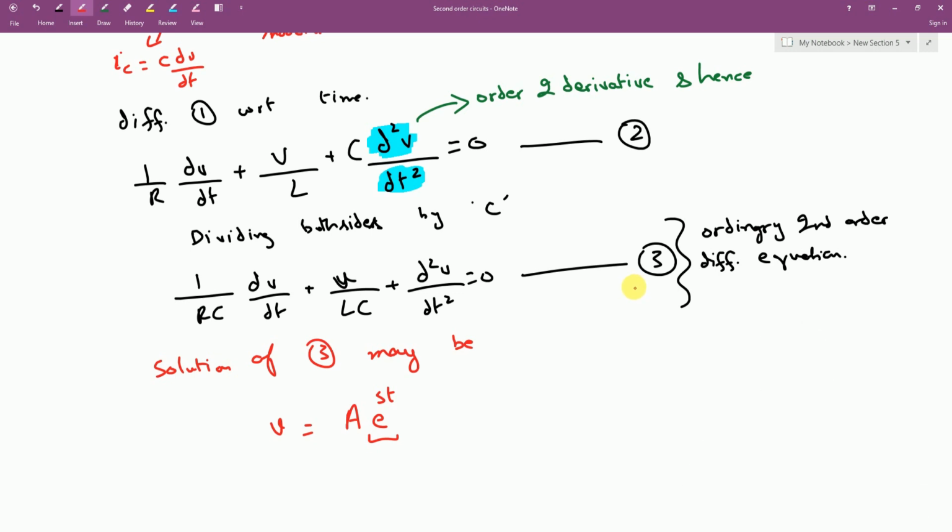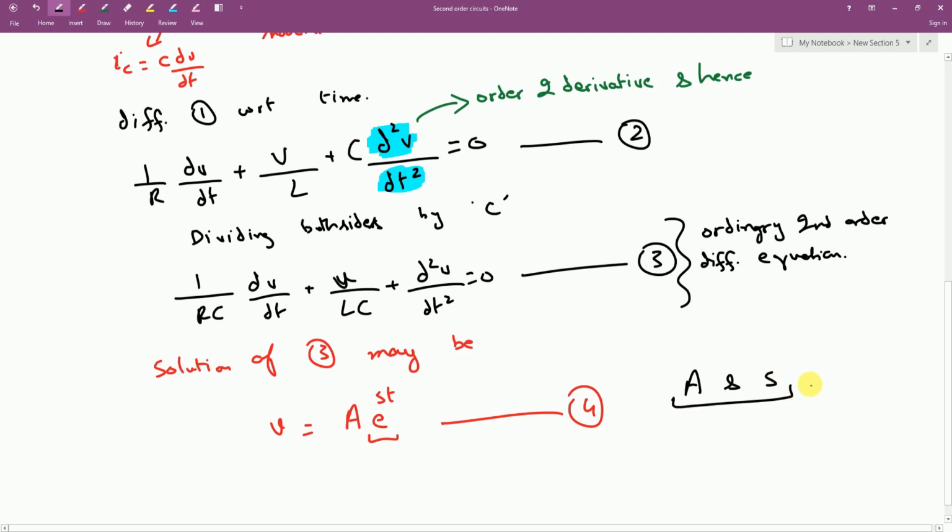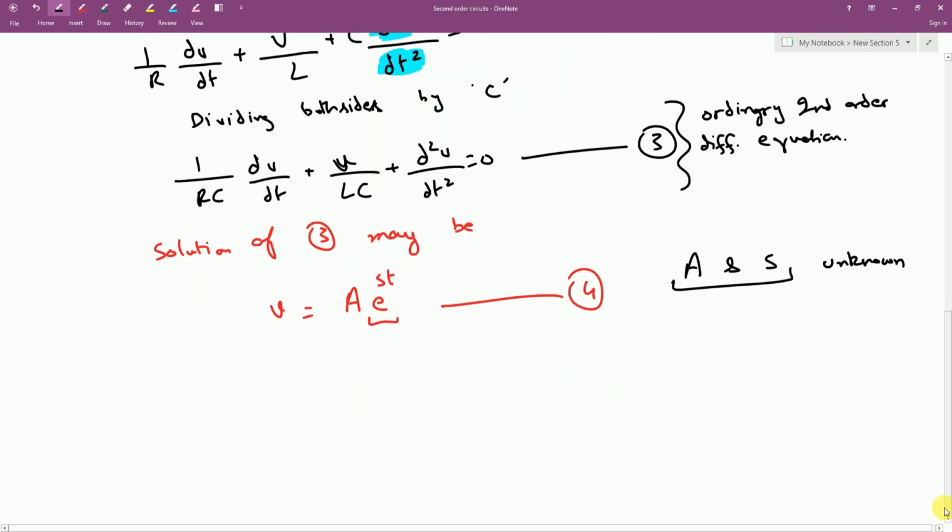In this particular equation, let us call this equation number 4, we have A and s. They both are unknown variables, and we need to find them as well. Moreover, we are more concerned with establishing that this equation number 4 is actually a solution to equation number 3.